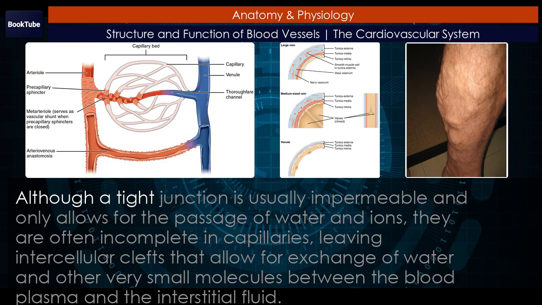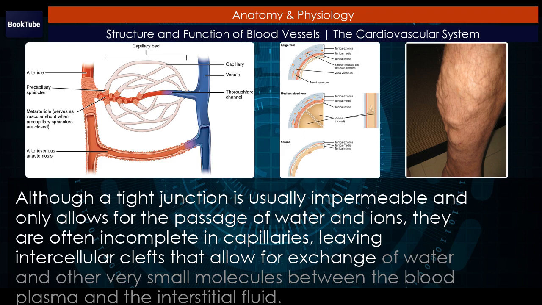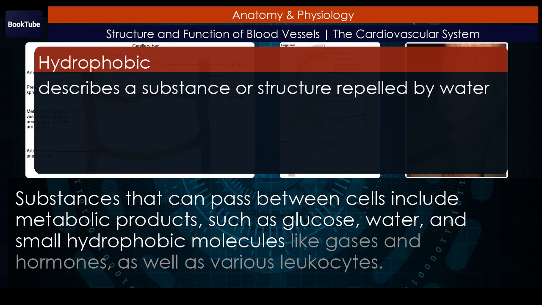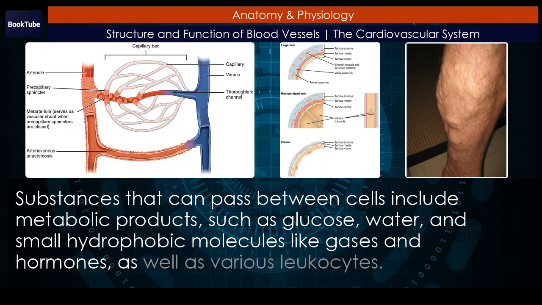Although a tight junction is usually impermeable and only allows for the passage of water and ions, they are often incomplete in capillaries, leaving intercellular clefts that allow for exchange of water and other very small molecules between the blood plasma and the interstitial fluid. Substances that can pass between cells include metabolic products, such as glucose, water, and small hydrophobic molecules like gases and hormones, as well as various leukocytes.